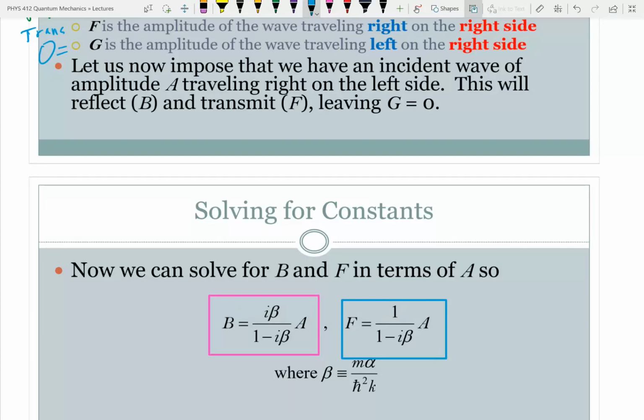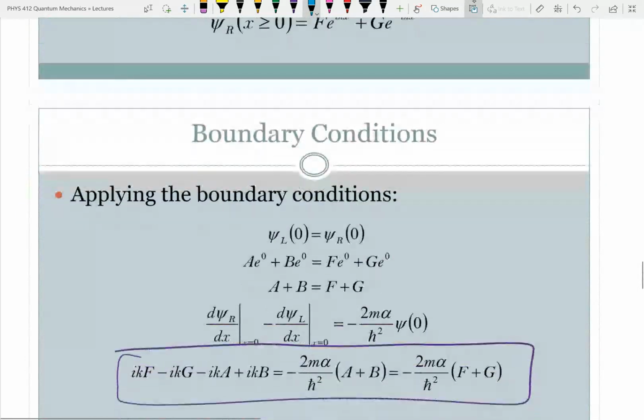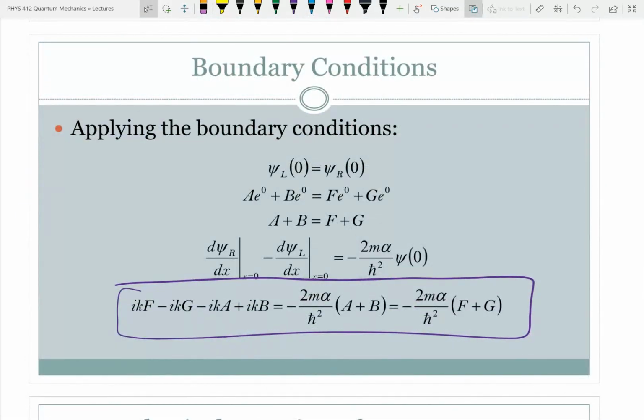How do we do it? You go back up. Yes, because I'm definitely going to go up to here. So we know G is 0. So I'm going to take these and just say for our special condition, that's 0, that's 0.